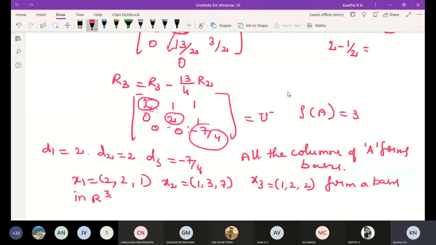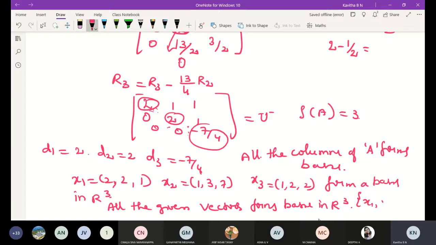Then all the given vectors form a basis in R3, means x1, x2 and x3.